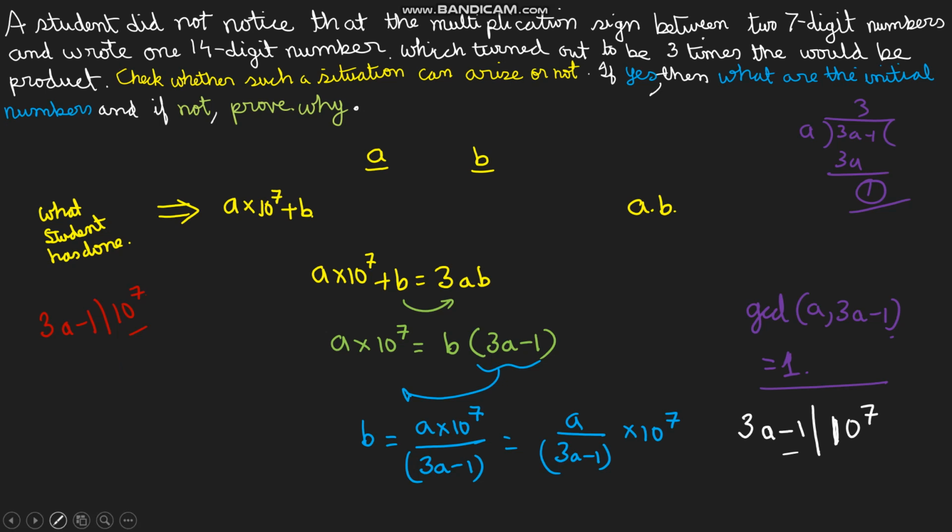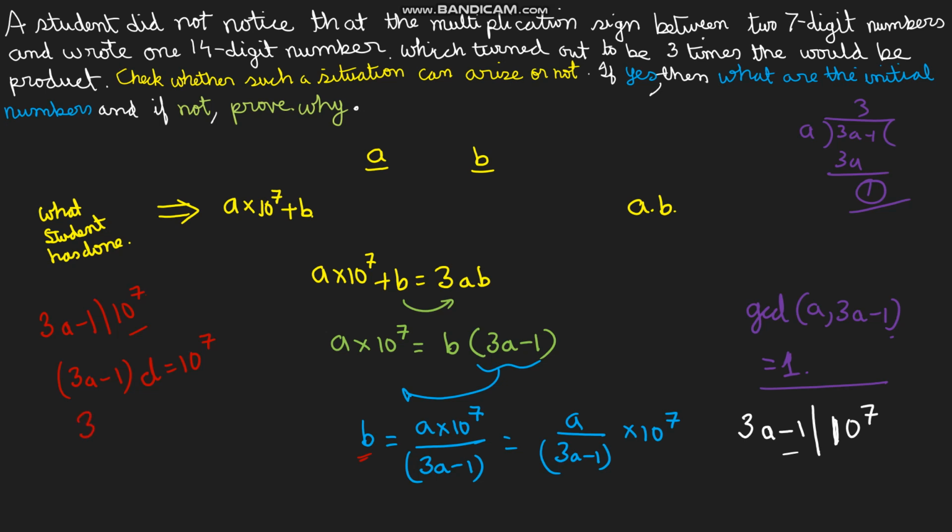So what we can say is, we can write this as (3A minus 1) times some d equals 10 to the power 7, since B is an integer.